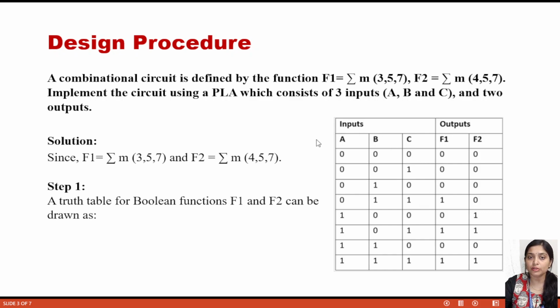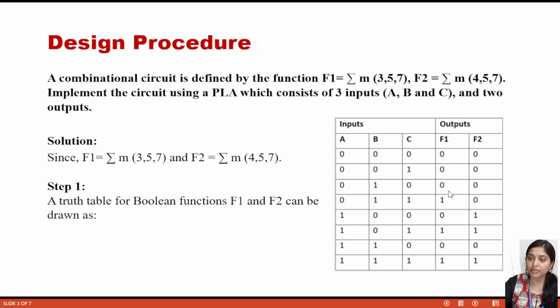Here also we have to design a combinational circuit by the function F1, F2 are the two outputs, and these are the main terms. This is actually the truth table. Here we have taken three inputs A, B, C. 3 inputs means 0, 0, 0 to 1, 1, 1, that means 8 combinations, and here two outputs F1 and F2.